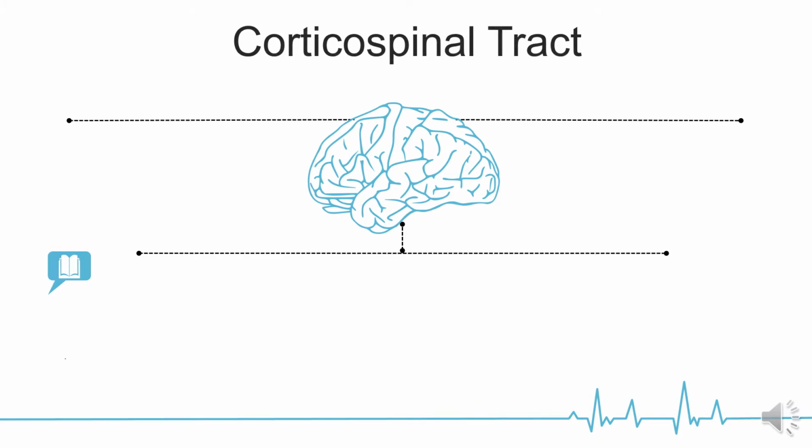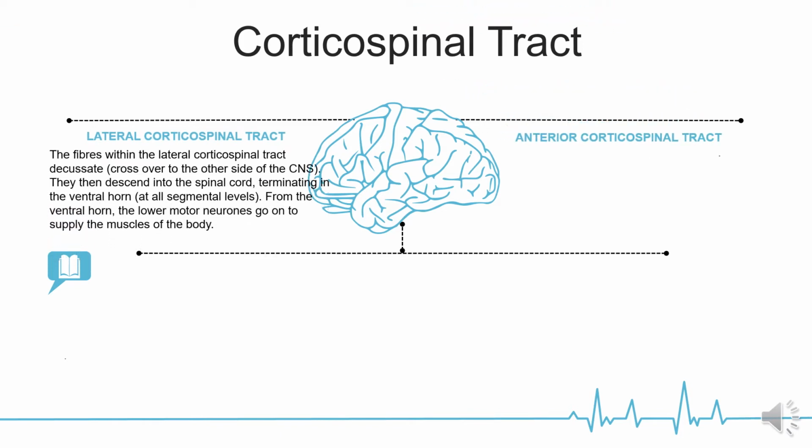So, for the corticospinal tract, we have the lateral and the anterior. For the lateral, the fibers within the lateral corticospinal tract decussate, which means they cross over to the other side of the CNS, the central nervous system. Then they descend into the spinal cord, terminating in the ventral horn at all segmental levels. From the ventral horn, the lower motor neurons go on to supply the muscles of the body.